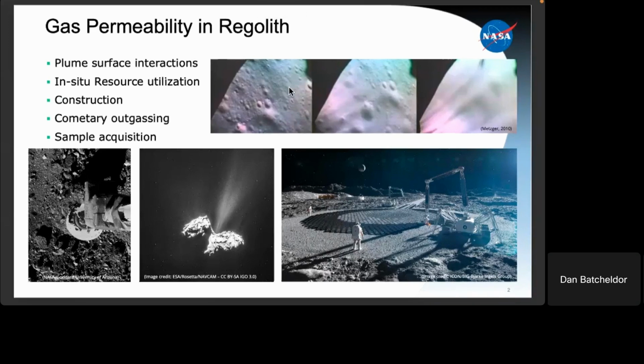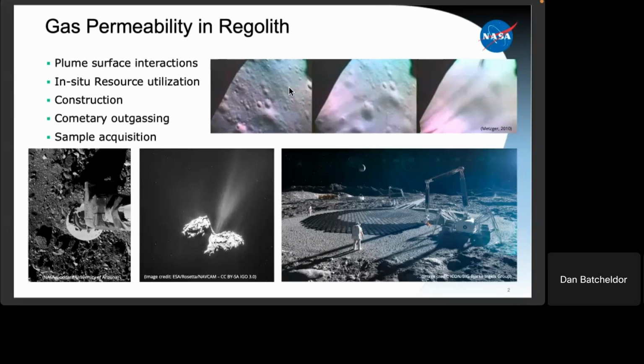So the importance of gas permeability in terms of plume-surface interactions has to do with the relative dominance of viscous processes with the scouring, or potentially the diffuse mechanisms for accelerating the PSI ejecta. But it's also important to note that gas permeability has applicability to other areas of space science, and also construction on the moon itself.